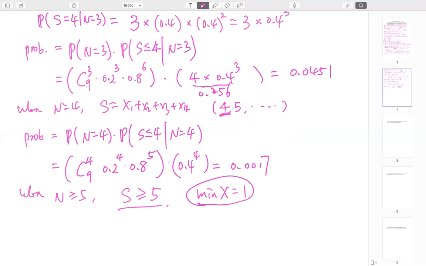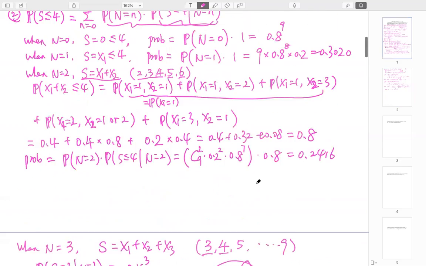We want s to be less than or equal to 4. So in this case, the probability is always 0, meaning if n is at least 5, there's no way your aggregate is less than or equal to 4. Okay, so finally, what we want is to add all of those together, right? I think the final result is about 0.7246.